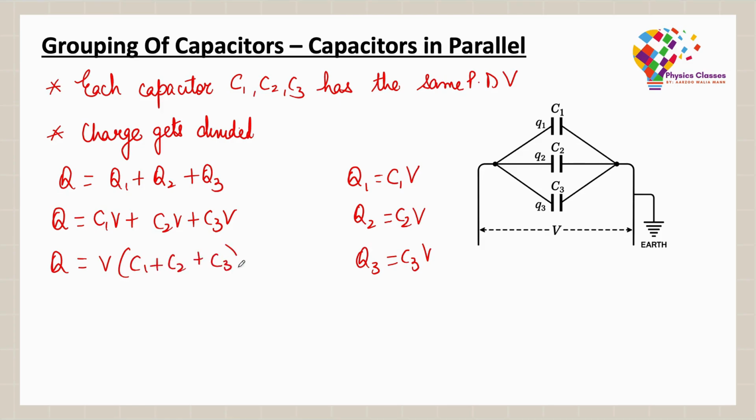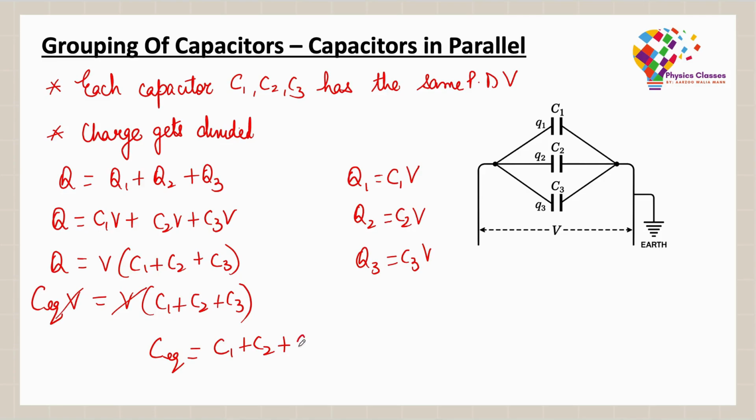Now Q is nothing but the total charge, which can be written as C equivalent into V. So C equivalent into V is V times C1 plus C2 plus C3. So the potential can get cancelled on both sides and your C equivalent is C1 plus C2 plus C3.